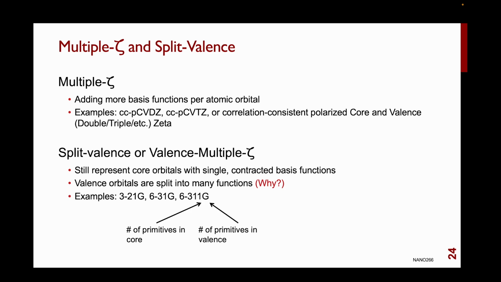So in other words, you actually increase the basis set size for your valence orbitals, but you still represent your core orbitals using a single basis function. Those sets of basis functions have this notation, for example, 3-21G, 6-31G. Basically, the first number represents the number of primitives in the core, and the other numbers represent the number of primitives that are used in the valence orbitals.